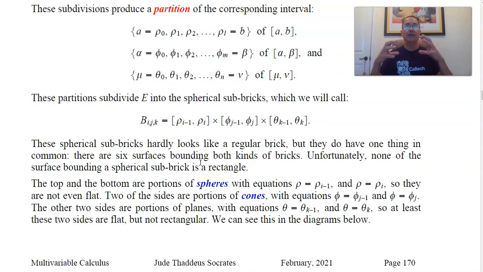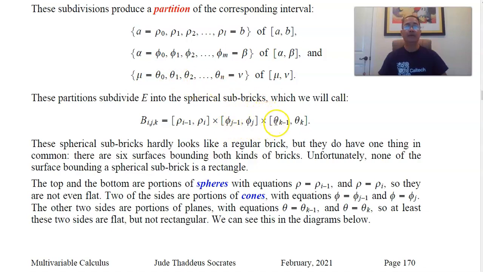All right, so starting with the main spherical brick, we're going to create very small sub-bricks. So our notation for rho will go from rho i minus 1 to rho i. For phi, we will go from phi j minus 1 to phi j.